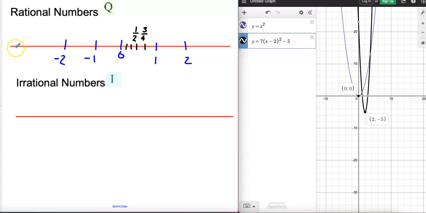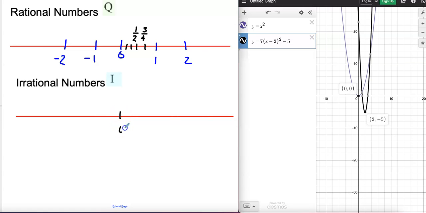Okay, so then we have rational numbers. So rational numbers include all my whole numbers, all my counting numbers, all my integers are what's inside of rational numbers. And then lastly, we have what we call irrational numbers. And irrational numbers, well, these are numbers that just can't be expressed as a fraction.